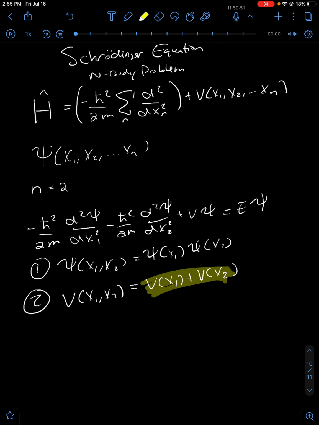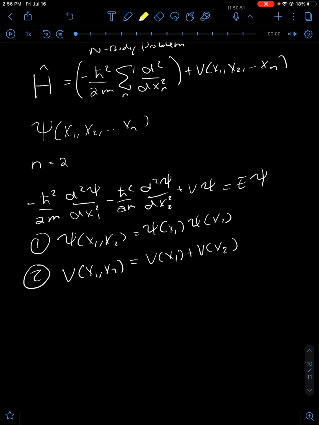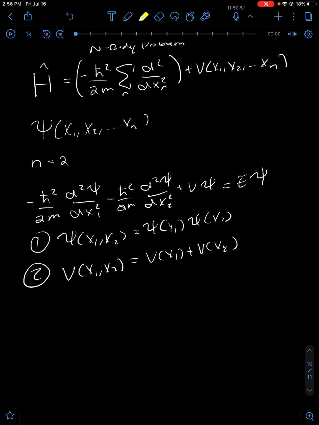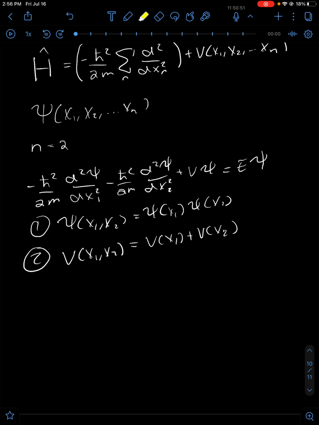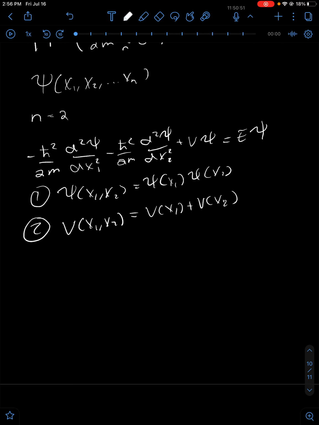So V of x1 plus V of x2. And this only applies when the particles do not interact. So if they do interact, this assumption no longer holds. But with these two assumptions, we can actually make this equation really simple to solve. So let's get into it.